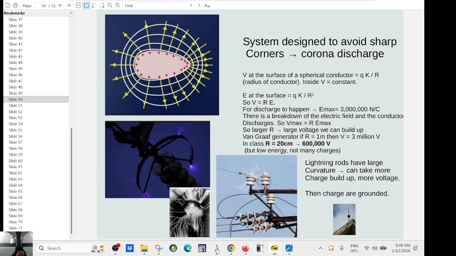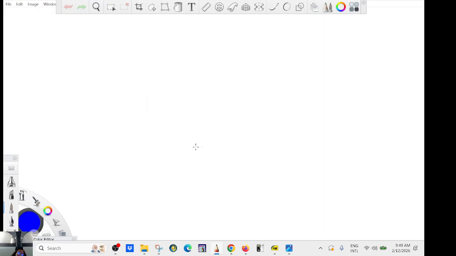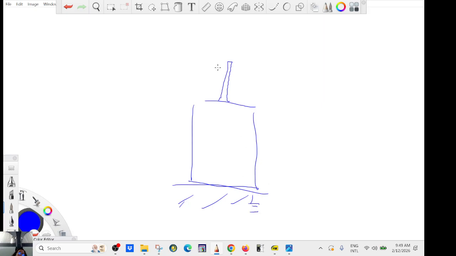So Benjamin Franklin came up with this: when you have a building, you have a special rod here, right? What's happening is that it's connected to the ground. So here you have a very, very high density.